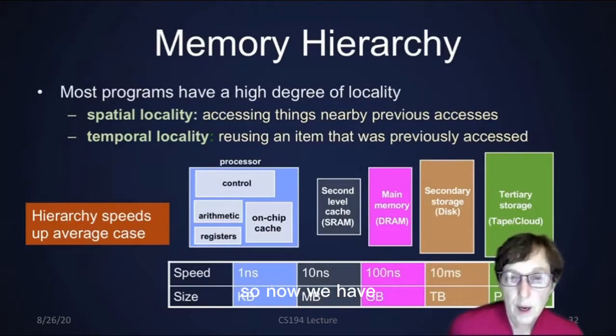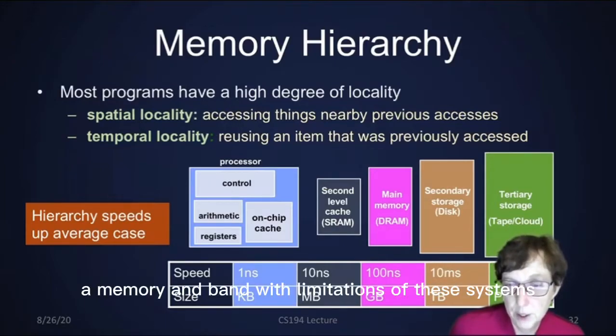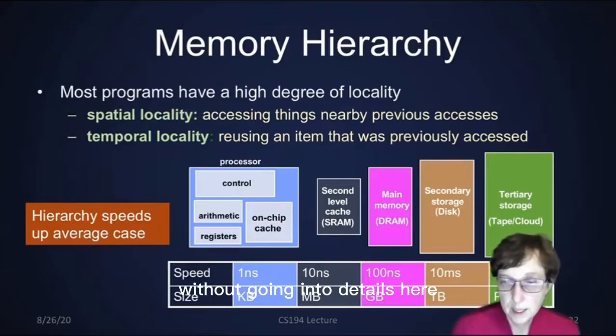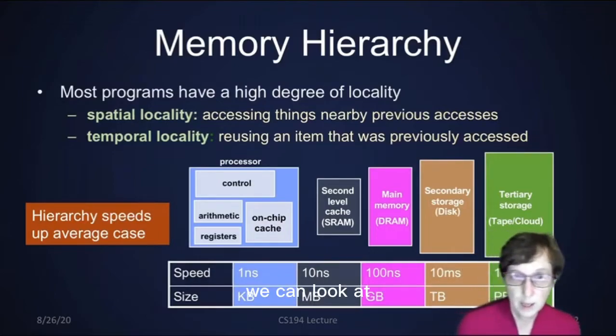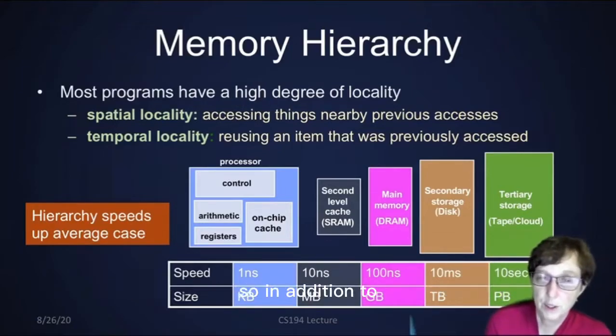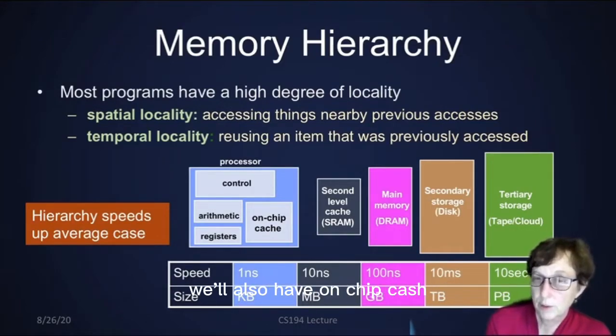So now we have a much more complicated memory hierarchy to deal with the memory and bandwidth limitations of these systems. Without going into details here, we can look at the relative costs of the different types of memory. In addition to the arithmetic unit and the control unit on the processor, of course, we have the registers that we've already talked about. We'll also have on-chip cache.